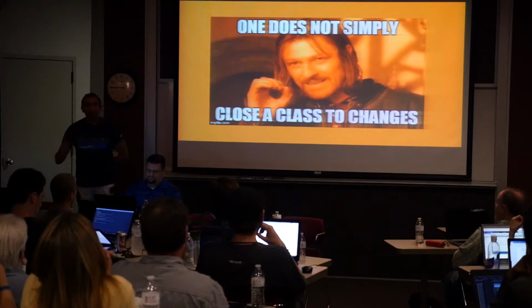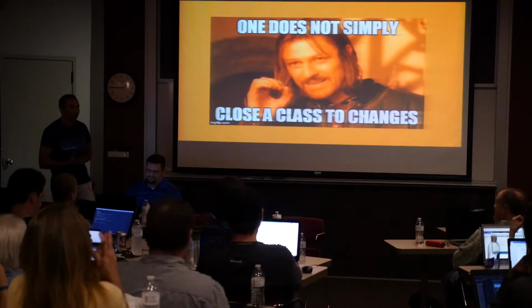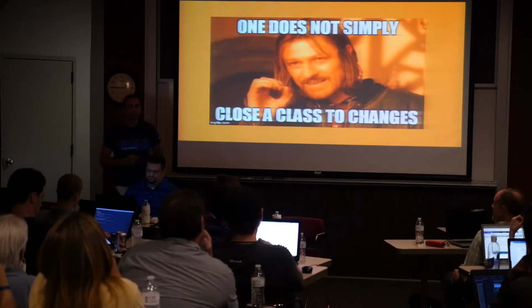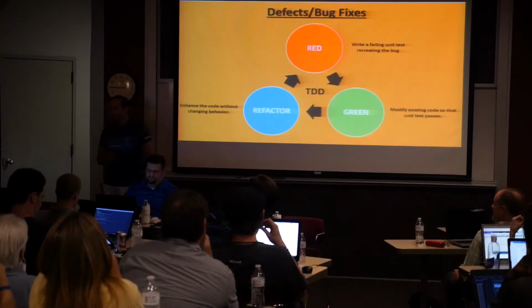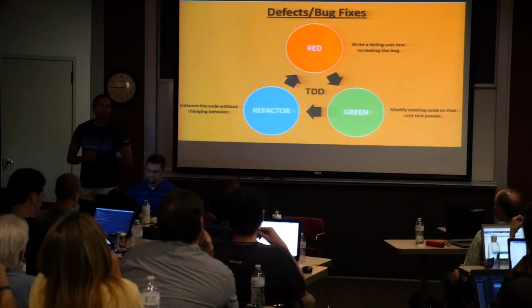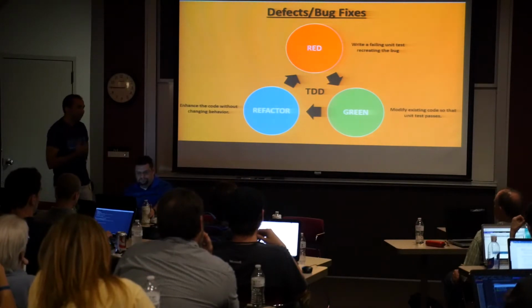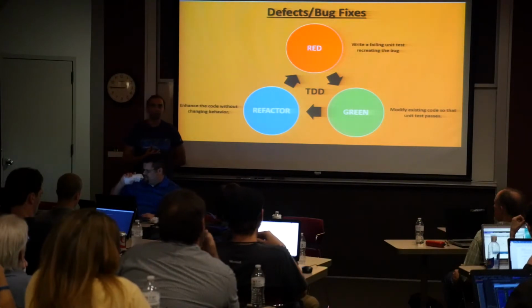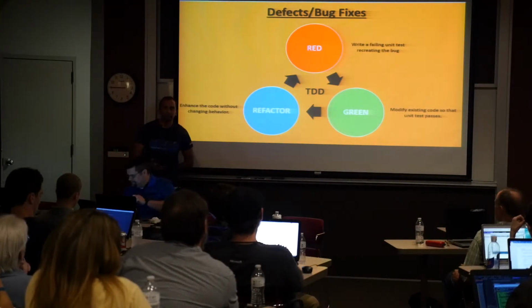Okay, I was talking about exceptions to the open and close principle. The first exception is when you have a defect. Say you have pushed a feature to production and there is a defect.